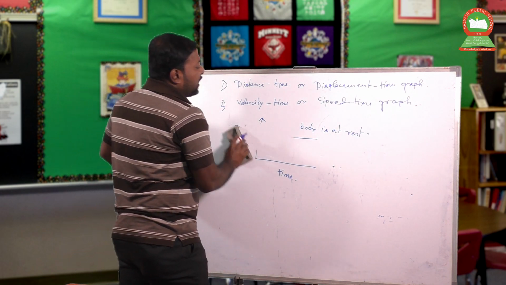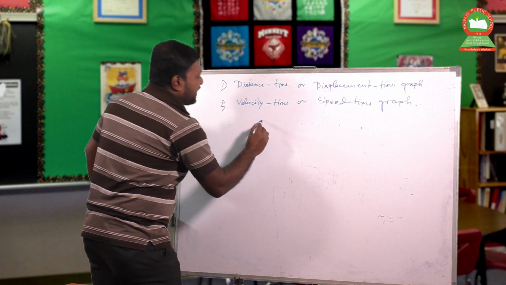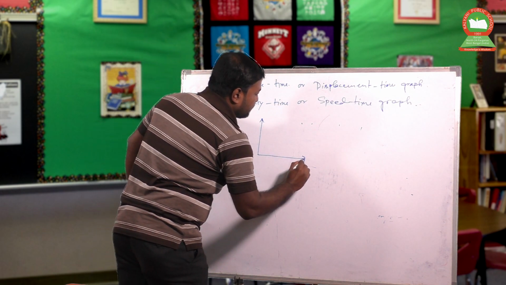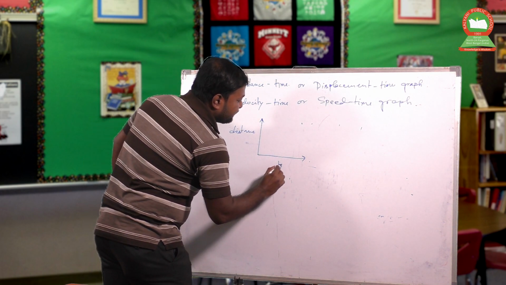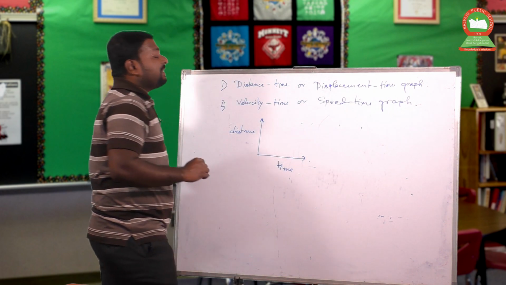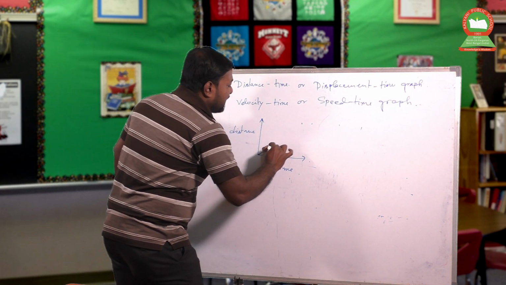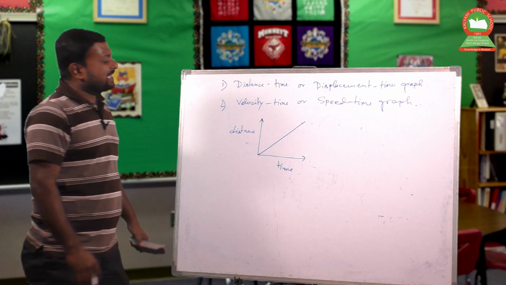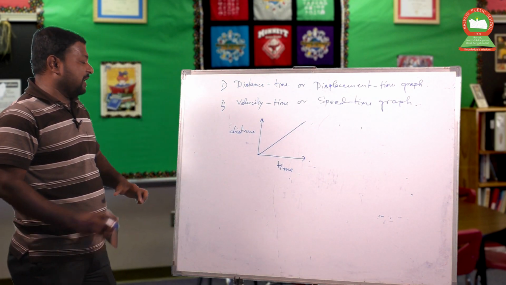Now, if the body is moving with a uniform velocity, what is the nature of the curve? This is distance, this is time. The curve should be a straight line passing through the origin. What is the significance of this kind of graph?